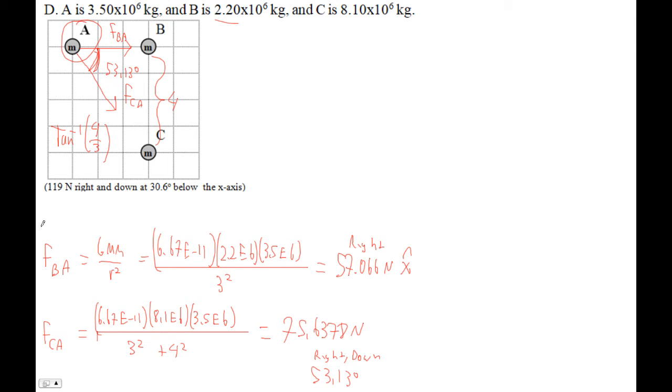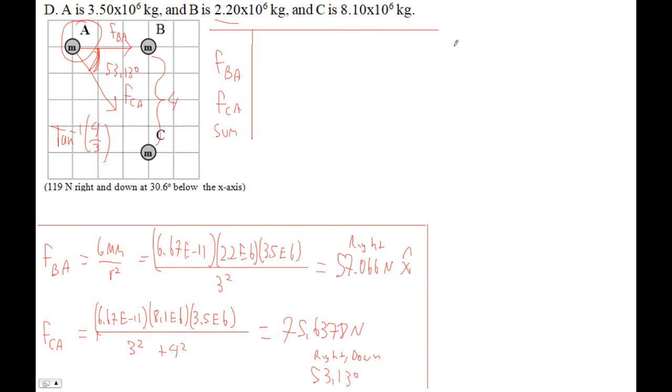Okay, so now we've done sort of the first part, right? We've figured out the direction and the angle. Now we've got to add the components, right? So we're going to go FBA, FCA, sum. Okay, there we go.